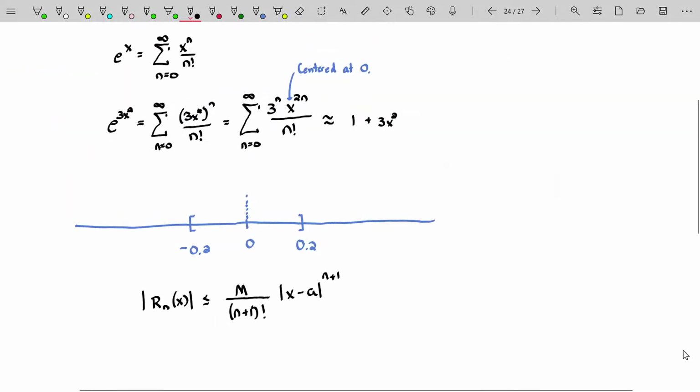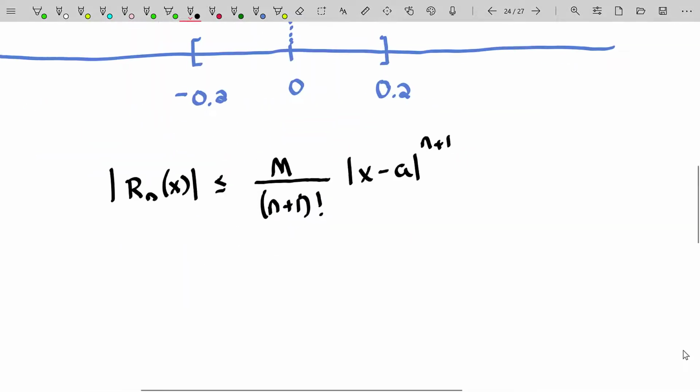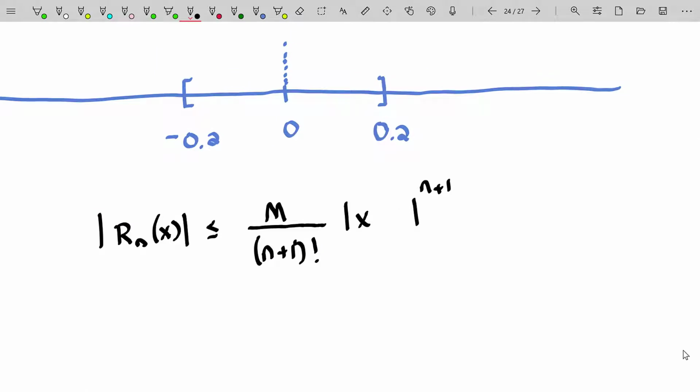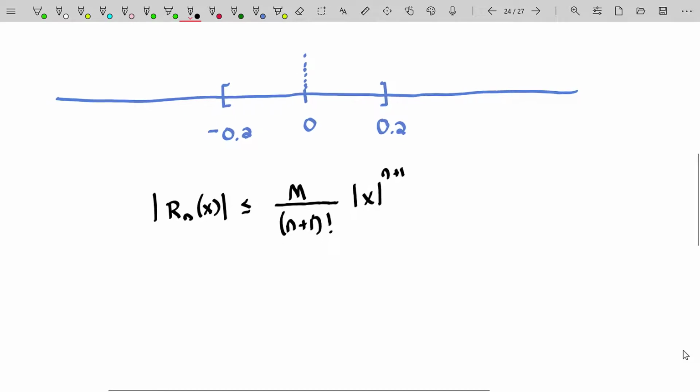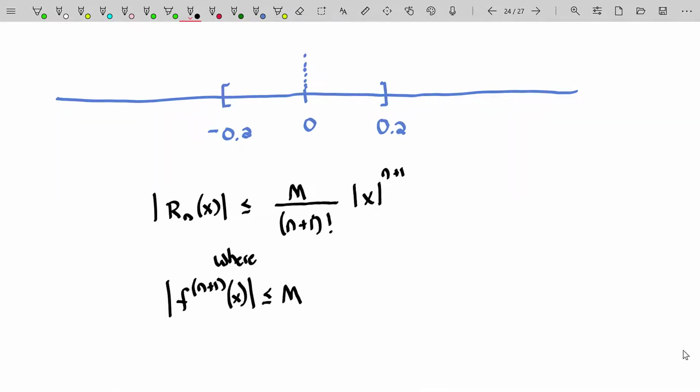Remember, the center here is 0, so I'm going to go ahead and just erase the x minus a part and replace it with the absolute value of x, and then you have that still to the n plus first power. The other thing you need to note here is that the value of M is an upper bound for the n plus first derivative for our original function.